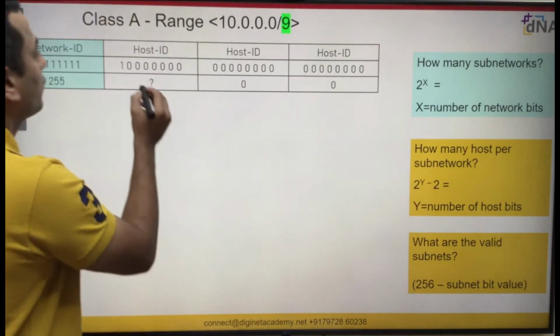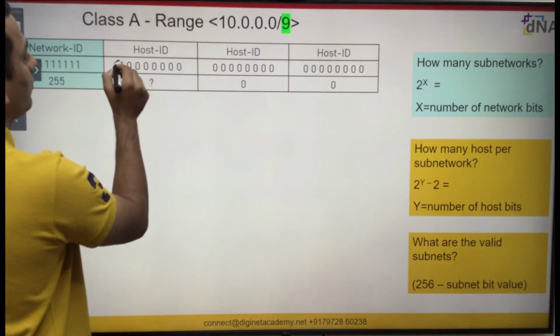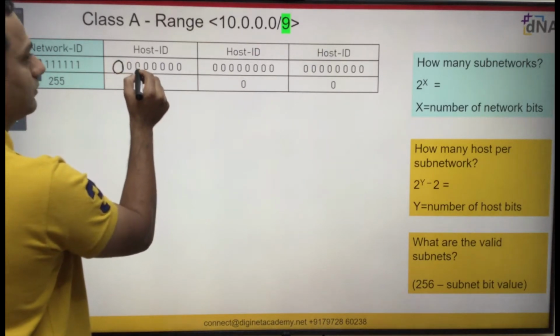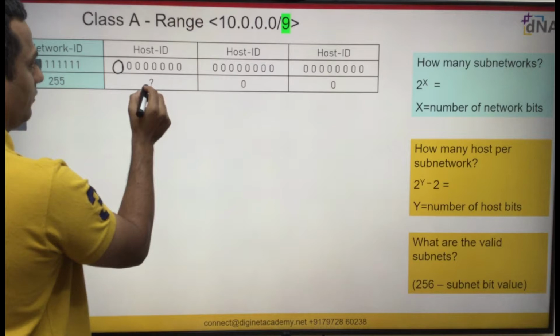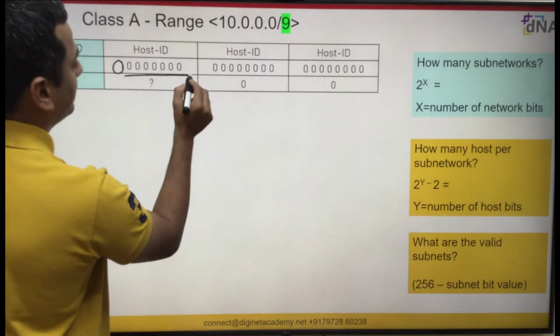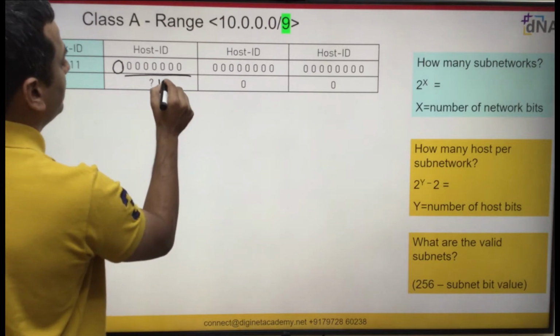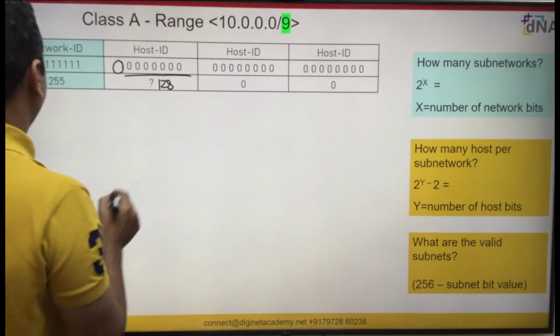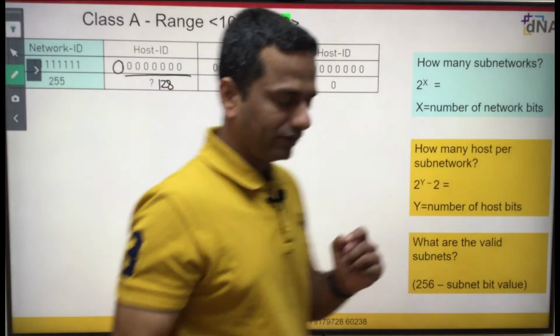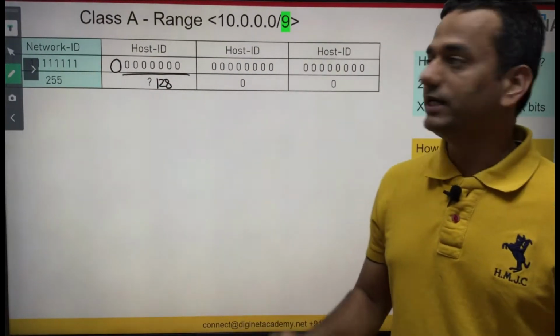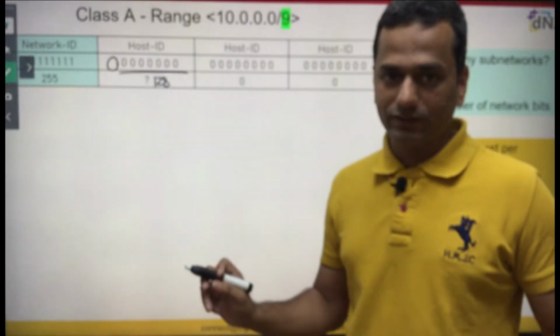The next is /9. /9 means from the second octet we have borrowed 1 bit for the subnetwork, and the other bits we now have for the host. What is the value of that 1 bit? The value of the first bit is 128.